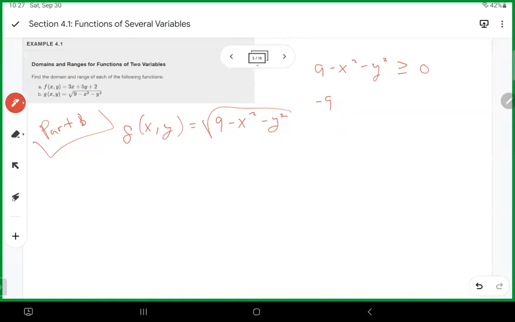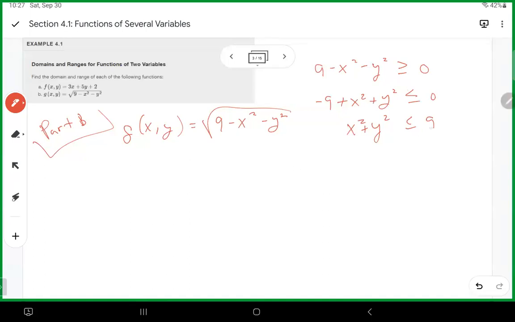Let's not change the values of things by making it wrong. Then we will move the 9 over. So we'll have x squared plus y squared less than or equal to 9. Therefore, the domain of g of x, y is the following.